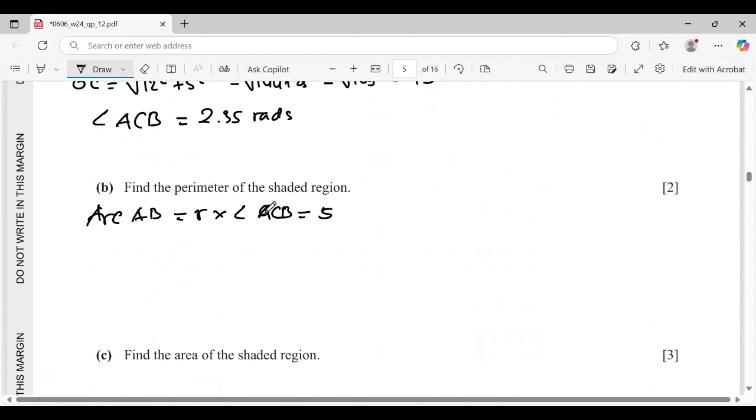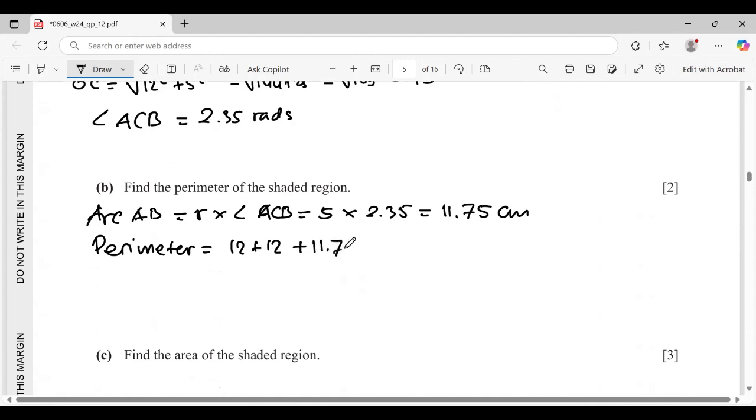It is 5 times 2.35 equals 11.75 centimeters. So the perimeter equals 12 plus 12 plus 11.75, and it is 35.75 centimeters, or rounded off becomes 35.8 centimeters.